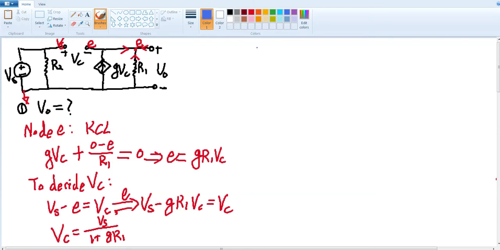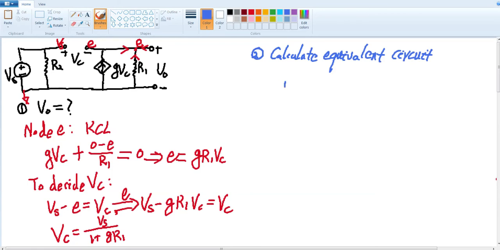For the second part of this example, let's calculate the equivalent circuit. Particularly, we would like to calculate the Thevenin equivalent circuit for this network.